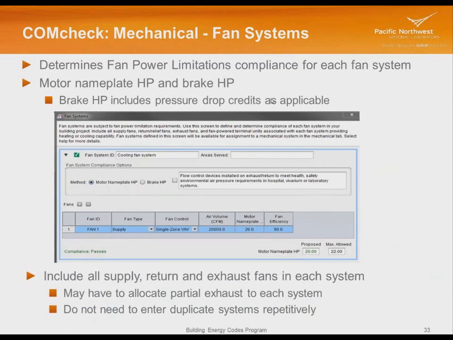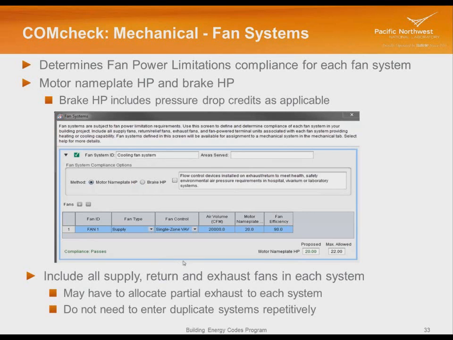There's a completely separate training available on the website for ComCheck. I think Pam will mention later exactly where to find that. But we can determine the fan power limitation compliance for each fan system based on either the nameplate or the brake horsepower. You can choose which method you're going to use.